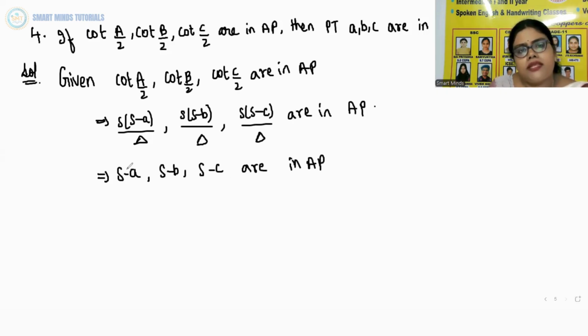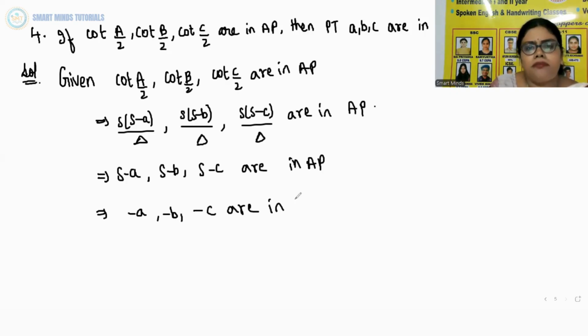Now if we cancel S in all three terms, we will get minus a, minus b, minus c are in AP. Now if we cancel the minus in all three terms, we will get a, b, c are in AP. Hence proved.